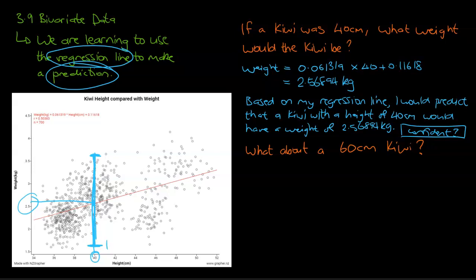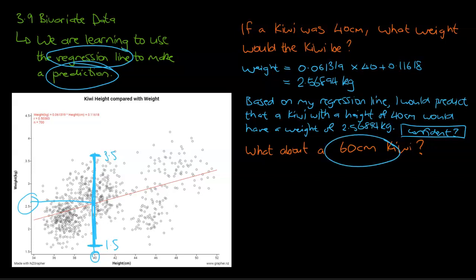It could be anywhere between 1.5 and 3.5 kilos. So because of the variation at that particular point, I'm not too confident in our prediction. It could be a lot more, it could be a lot less. So that's what I'll be talking about if I wanted to discuss how confident I was with that prediction.